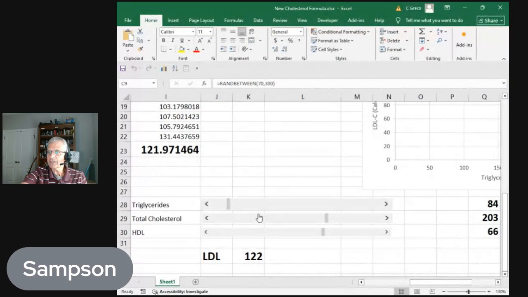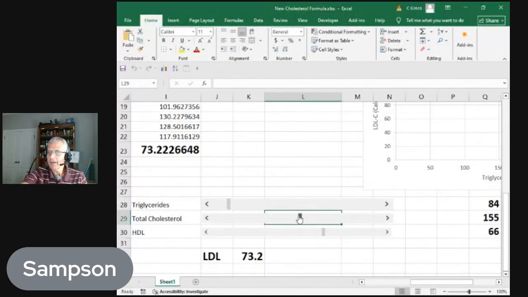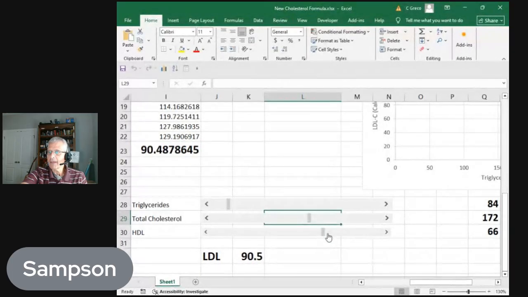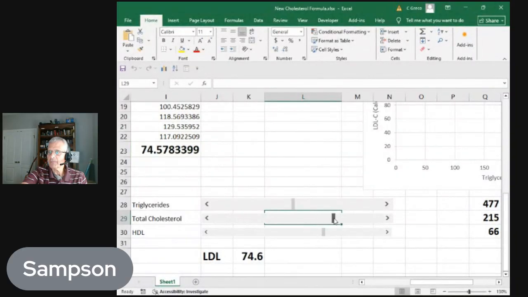The LDL just, so I'll bring the total cholesterol down, and it'll bring the LDL down because total cholesterol comes down, right? If I take the triglycerides and shove them up, and the total cholesterol comes up, right? But I bring in the HDL, look what happens.